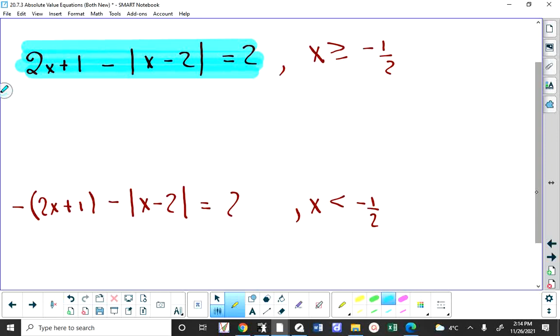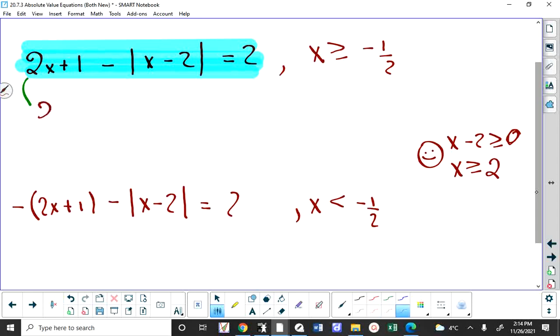Well, you would say, let's see, x minus 2 is greater than or equal to 0. So if x is greater than or equal to 2, I don't need that absolute value set of signs, which would mean this equation now becomes 2x plus 1 minus x minus 2 equals 2 if x is greater than or equal to 2.